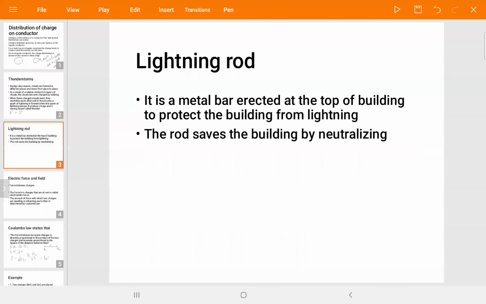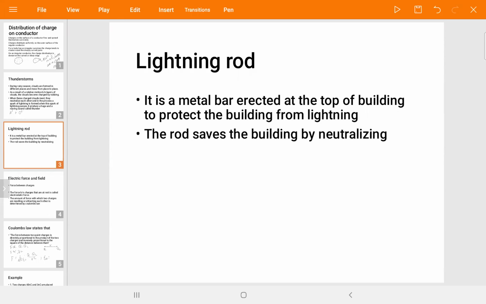And this thunder or lightning is a hazard, as it can collapse buildings or other infrastructure.